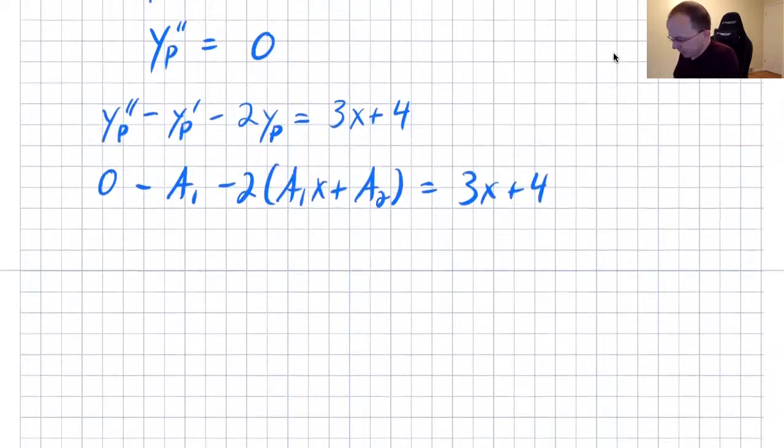Now let's simplify this. I want to put all the x terms together. So I get minus 2a1 x.